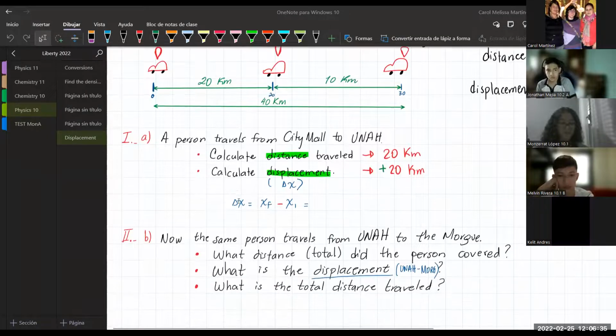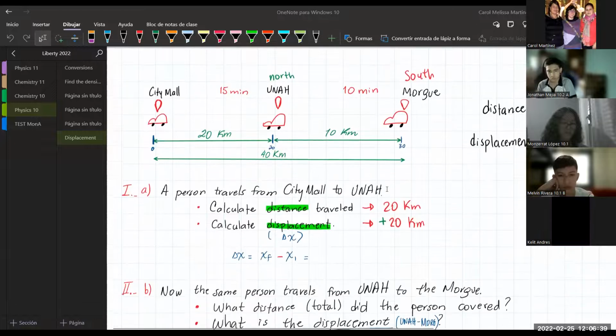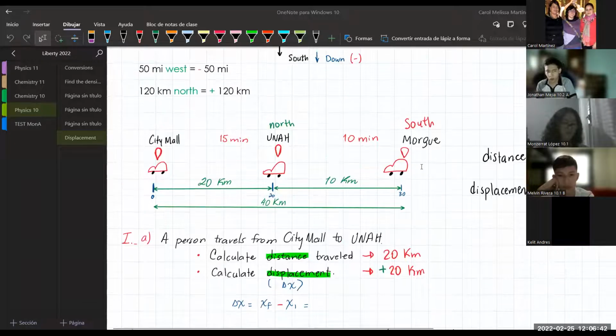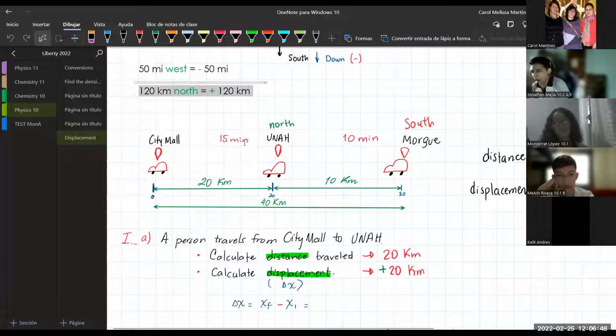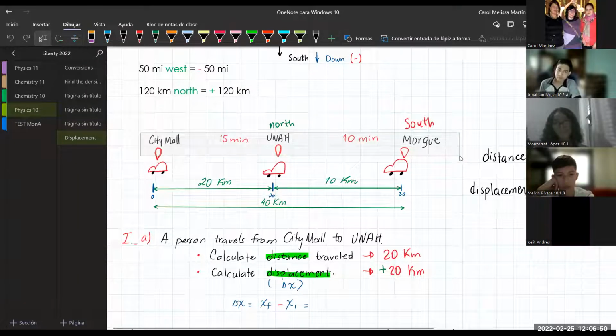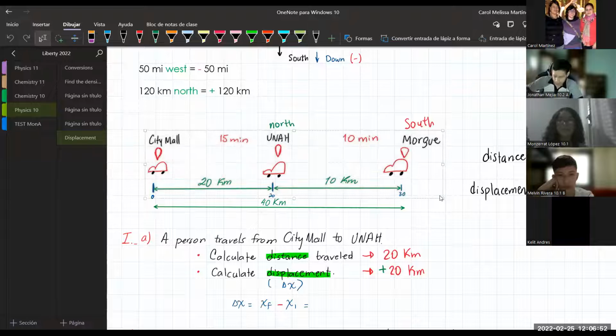Now it says, now the same person travels from Una to, well, that one I already did. Now, if I ask you, what is the total distance that this person traveled from City Mall to the morgue? What is the total distance that that person traveled?